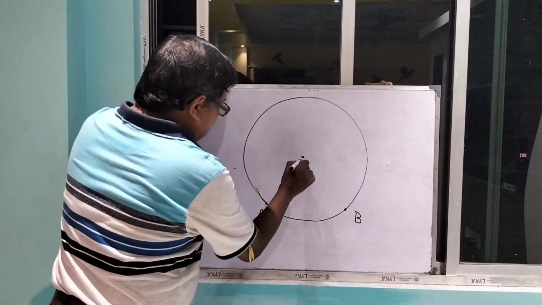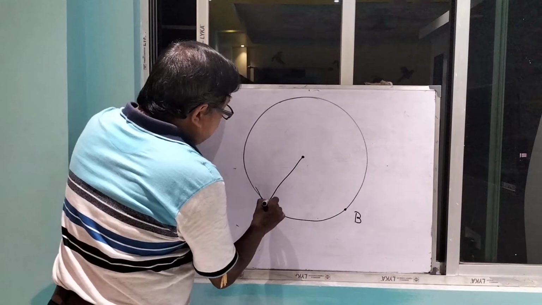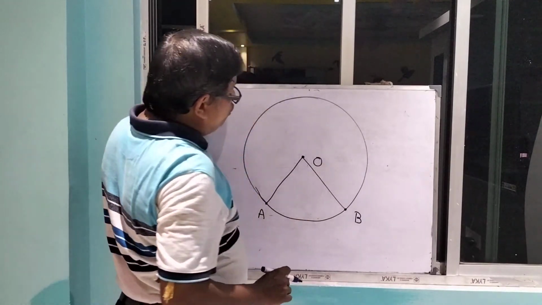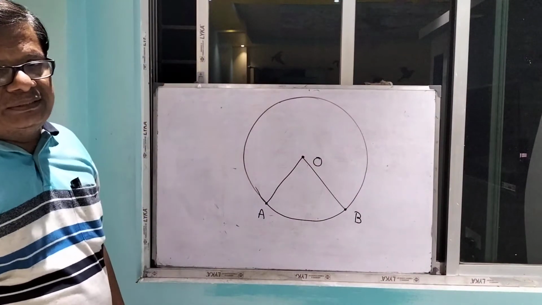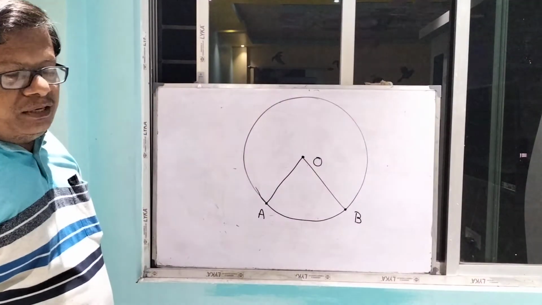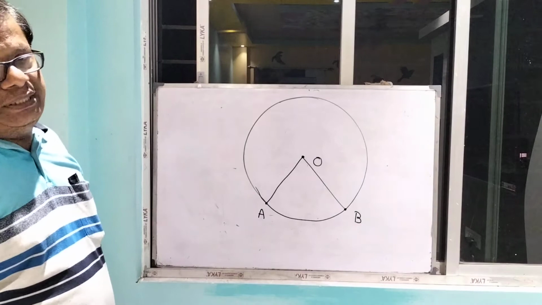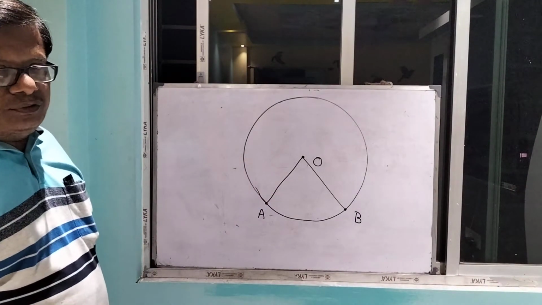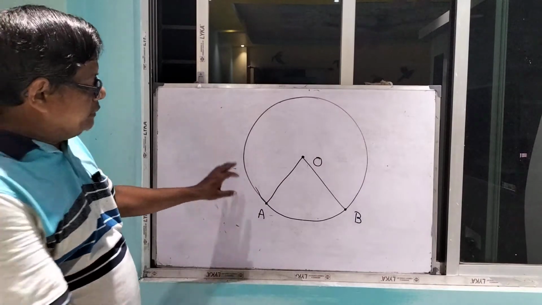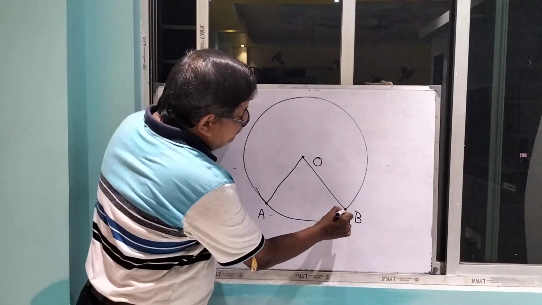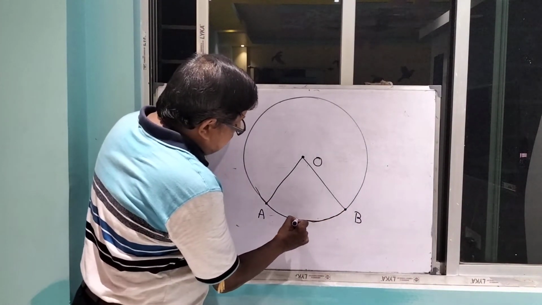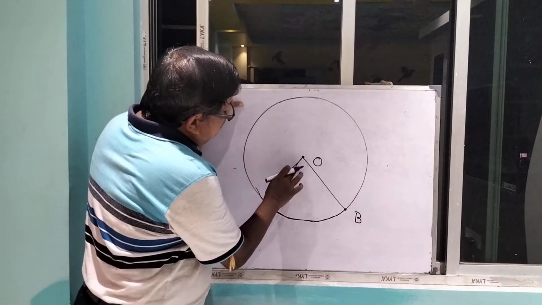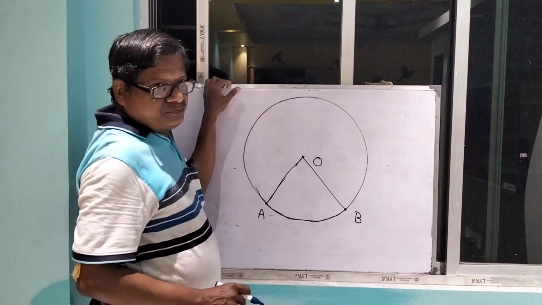Now join the center O. So this angle is known as the angle at the center. Keep in mind. Join the end points of the arc to the center; it is known as the angle subtended at the center.